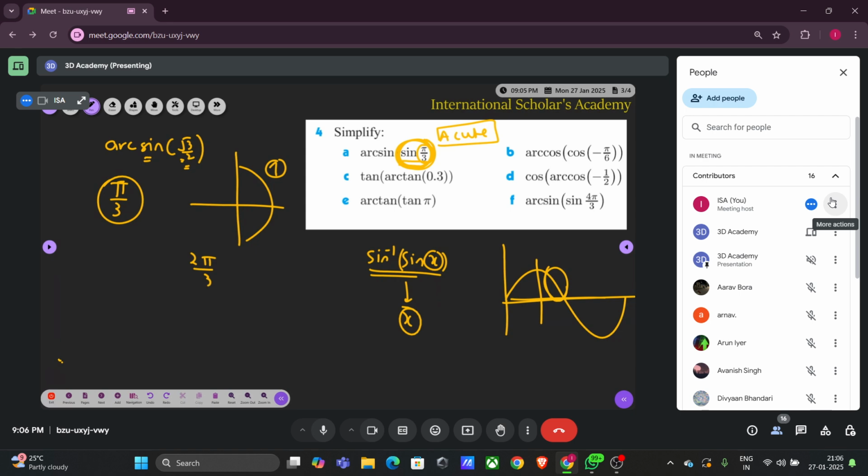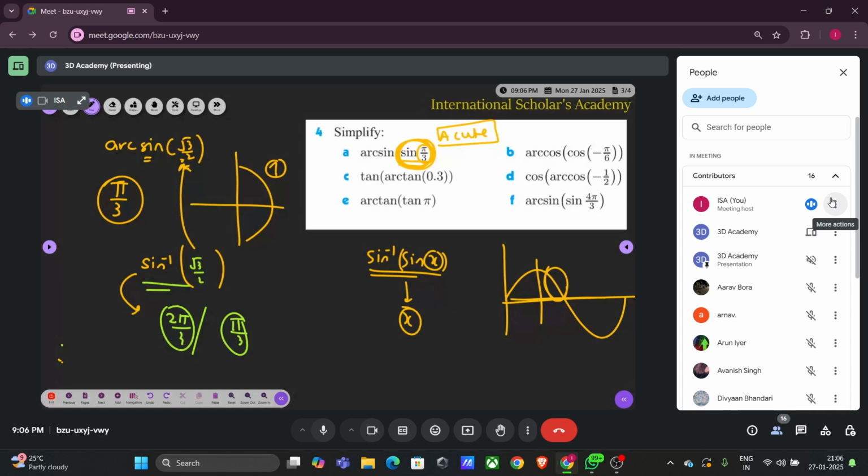The sine of 2 pi by 3 is root 3 by 2 only. But when you take the inverse, this goes in the obtuse angle category, right? The inverse will not be 2 pi by 3. The sine of 2 pi by 3 will be root 3 by 2 only, but its inverse will not be 2 pi by 3. Its inverse will be pi by 3 only, because 2 pi by 3 goes beyond my range.